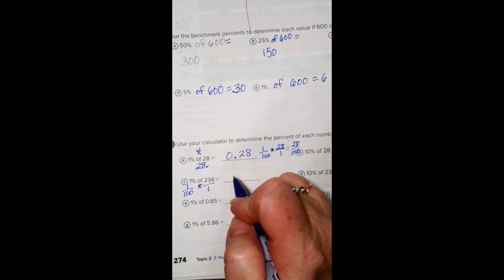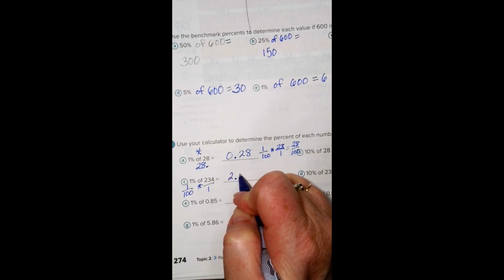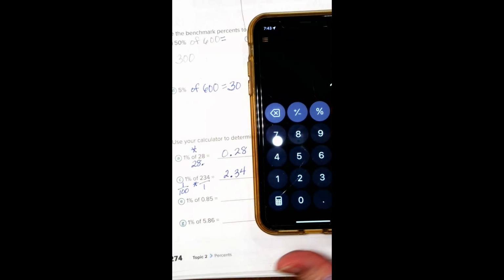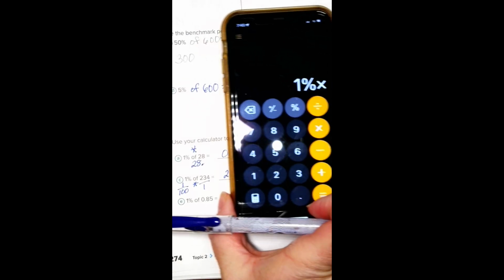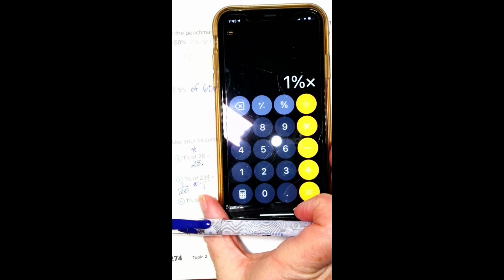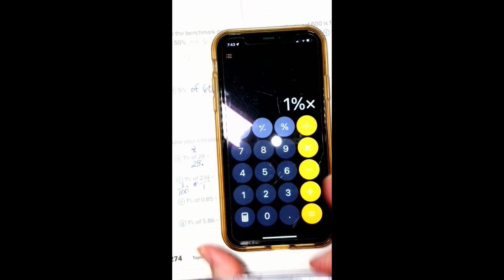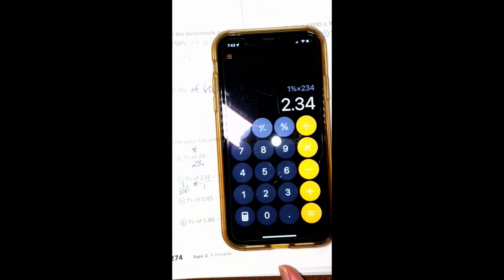Moving it 2 places to the left, we should get 2.34. So let's try it using the percent sign. So 1% of 234: 2.34.